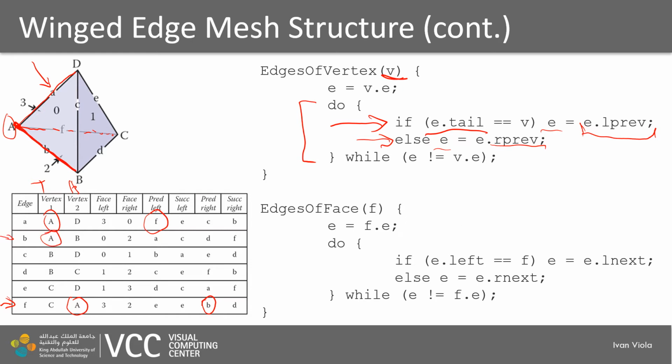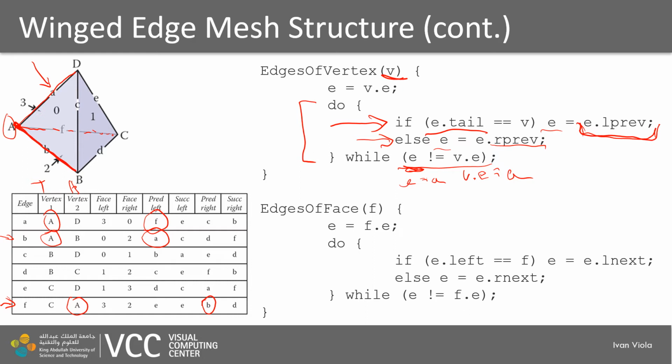Therefore, the next edge should be stored in the left predecessor for the edge B. The left predecessor would be A. And now we have the condition: is the edge E now equal to A, the edge associated with the vertex? Remember, that was the one we started off with. Yes, it is. Therefore, we are stopping the loop because we have found all the edges which are associated with the vertex A.